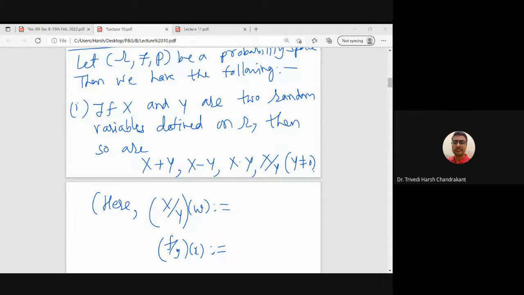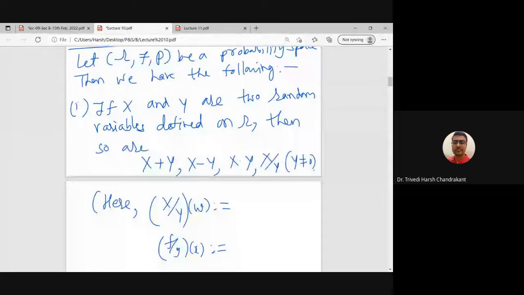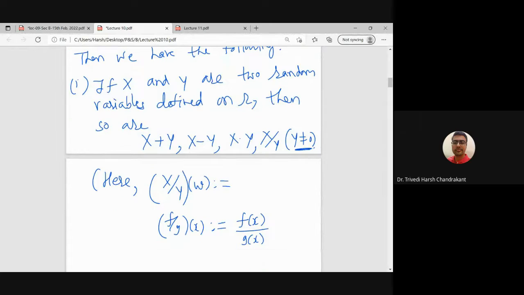You know that it is essentially f of x divided by g of x, right? But we need the condition that the denominator function should be non-zero.